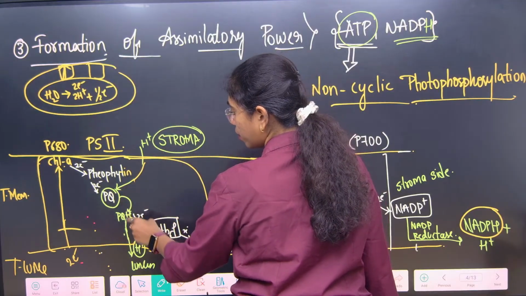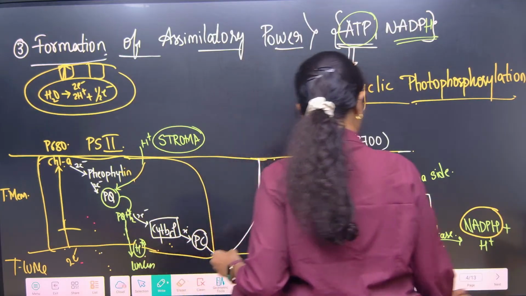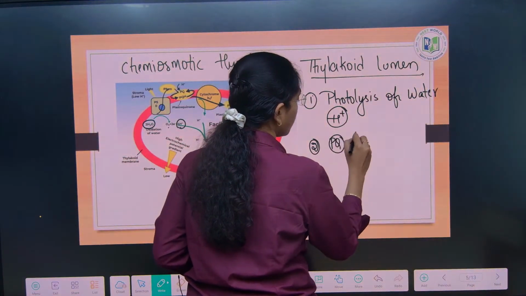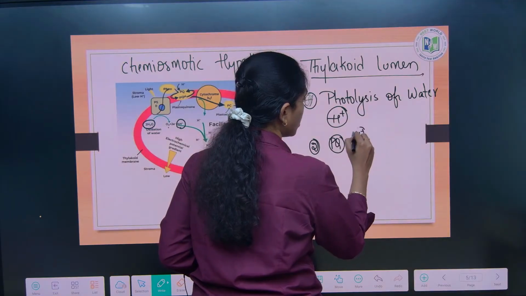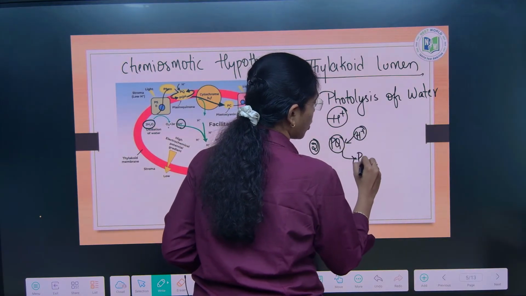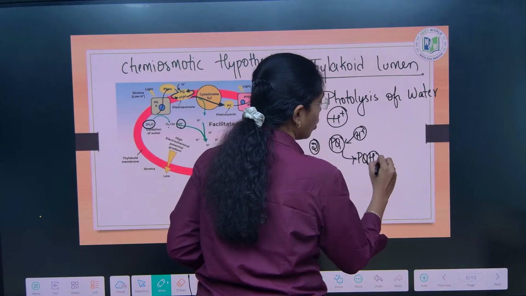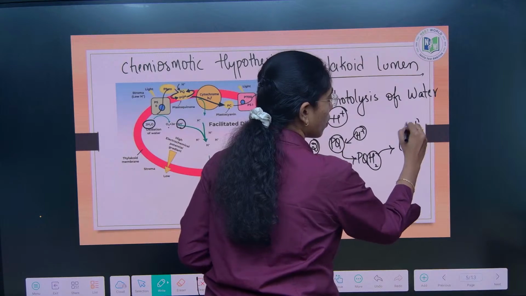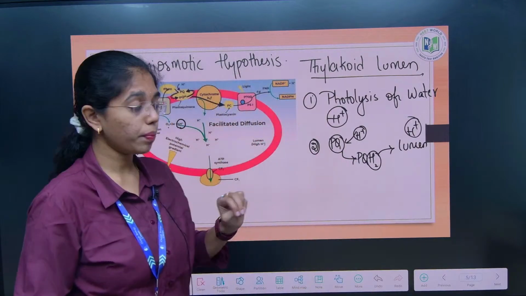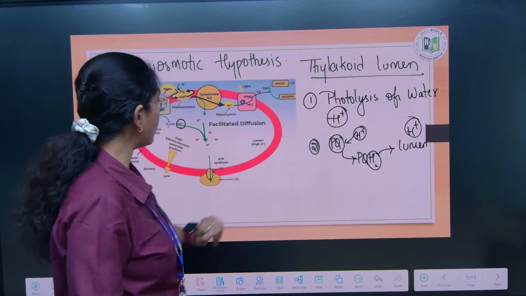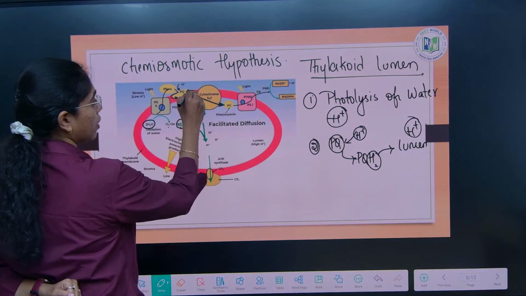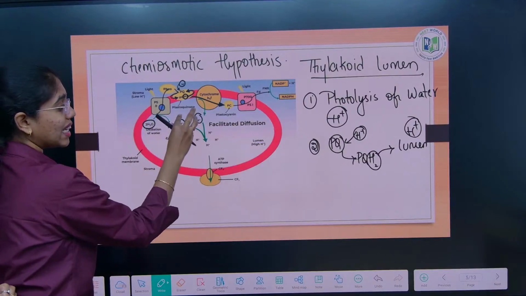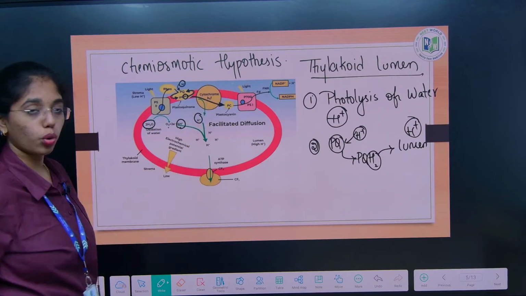From here plastohydroquinone is submitting them to the lumen. When plastoquinone accepts protons, it is converted to PQH2 and then the protons are submitted to the lumen. This is the second step. Again from stroma to lumen we are getting protons. See here from this diagram, these 2 steps make the lumen rich in protons compared to the stroma.